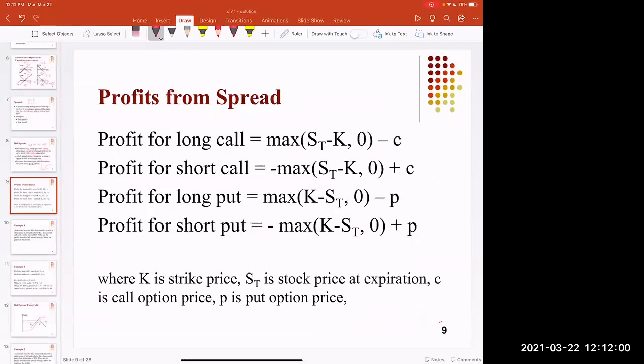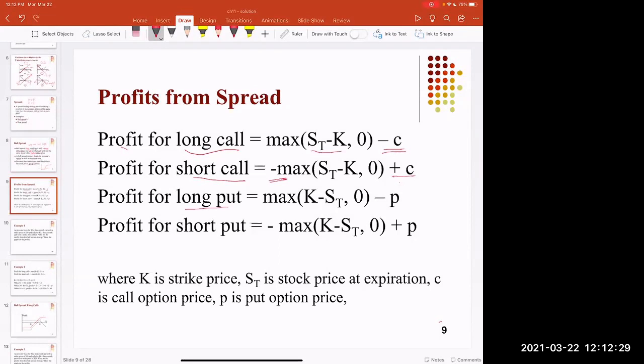The profits from spreads: you go long call and short call. The profit for a long call is the maximum of ST minus K and 0, and since you take a long position, minus C. If you take a short position, make it negative and plus C.